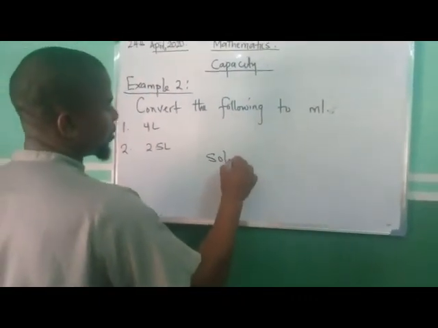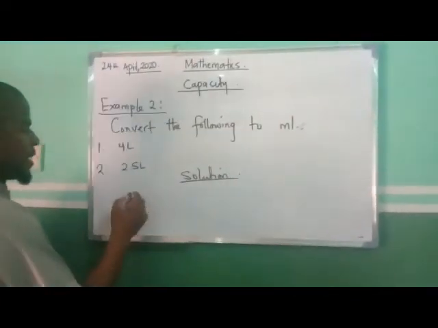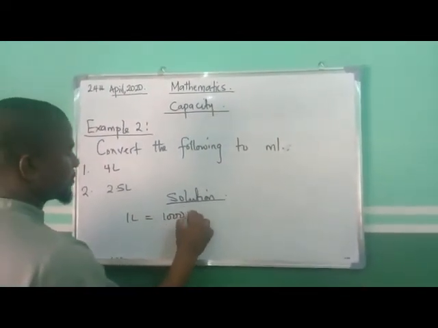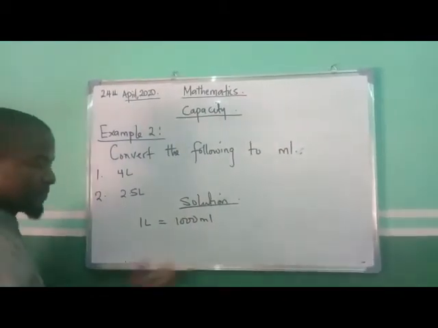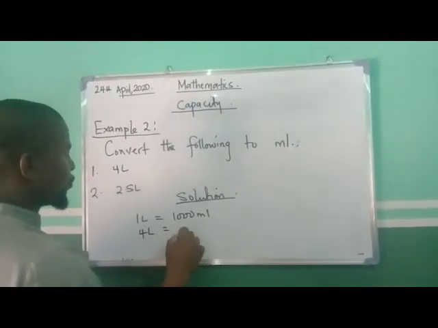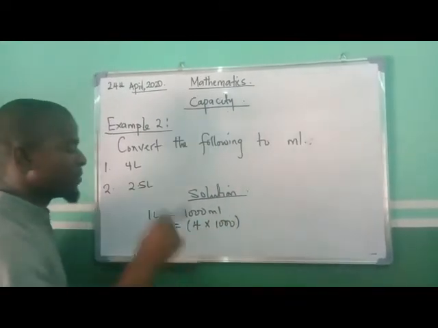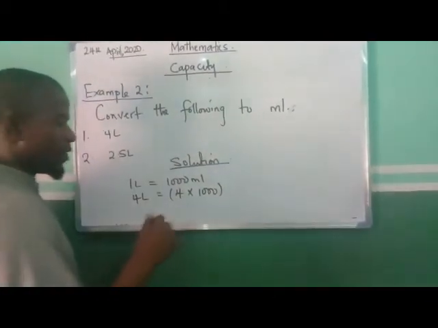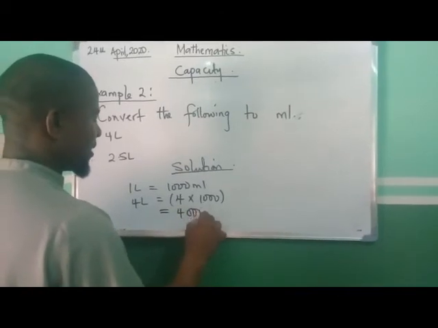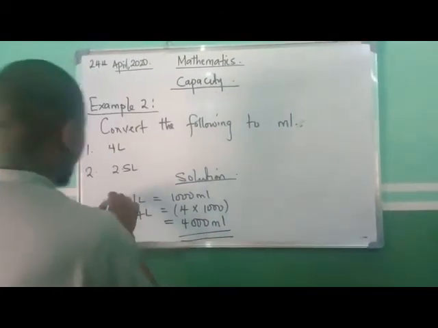The solution to this problem: I know that 1 liter is the same thing as 1,000 mils, right? From the relationship. So 4 liters will be equal to 4 multiplied by 1,000. You can see in this case now, you are multiplying. 4 times 1,000 will give me 4,000 mils. It's the first one.